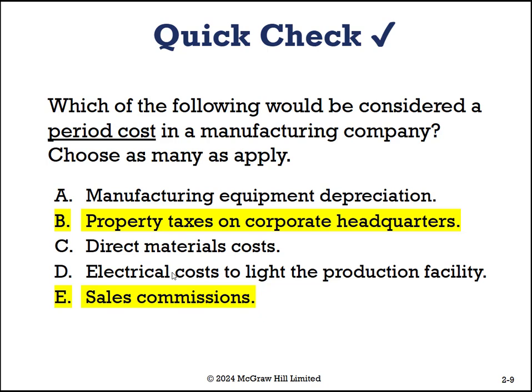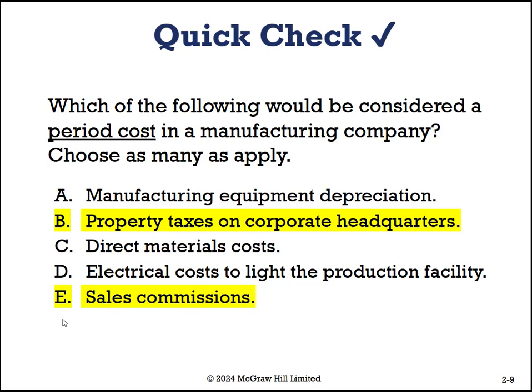Electrical costs, maybe, to light the production facility. Producing the products. Okay, so this isn't easily tied to a product, but just like our manufacturing equipment depreciation, it's going to be part of that other bucket, manufacturing overhead. Okay, so a product cost, just like A.